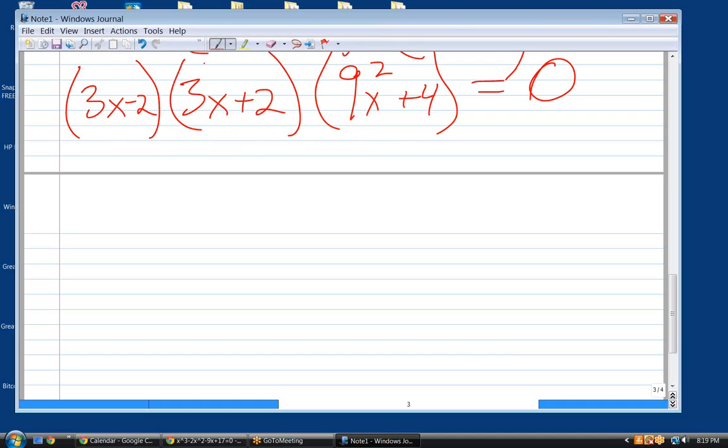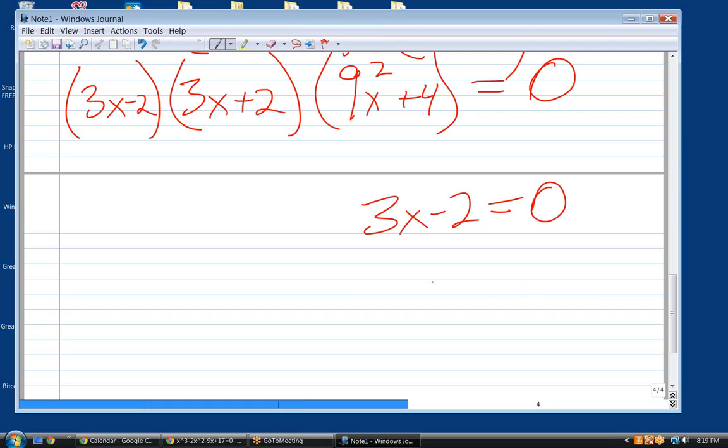it's the same step we would take with a quadratic. Only with a quadratic you have 2 things multiplied together that equal 0. So here we have 3. So we start out 3x minus 2 equals 0. Solve that. 3x plus 2 equals 0. Solve that. And 9x squared plus 4 equals 0.